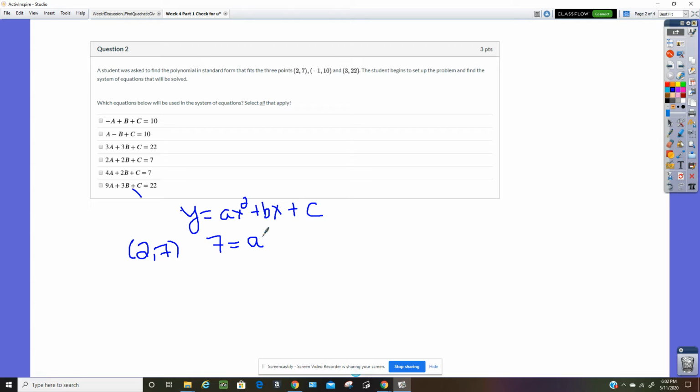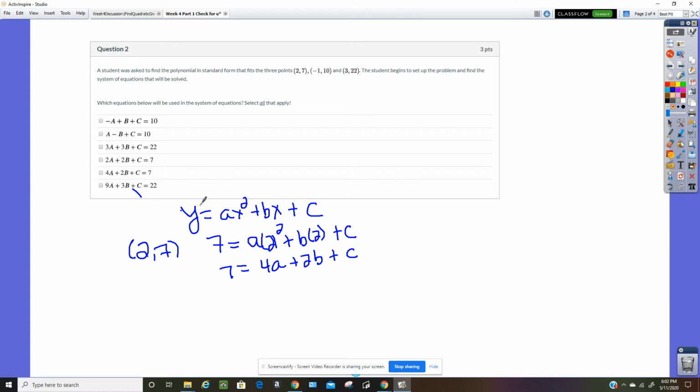So a times 2 squared plus b times 2 plus c. And then I have 7 is equal to 4a plus 2b plus c.